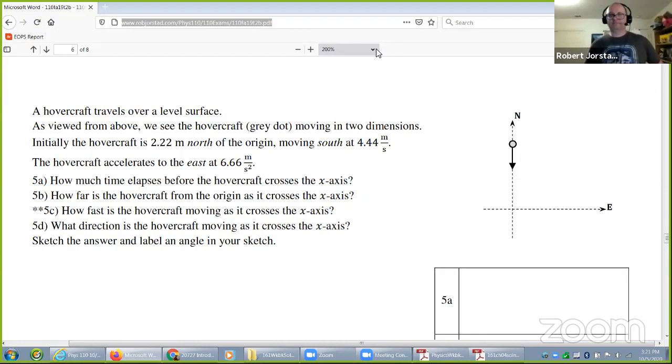All right. You can see that this is test level difficulty now. I'll catch up with you. Try and write down the list of knowns and unknowns for this.